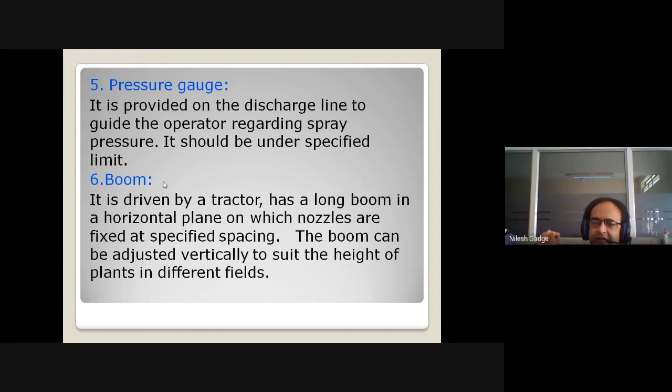On that lance, a number of nozzles are attached. The arrangement of the number of nozzles on that lance or rod is called a boom. It is driven by a tractor and has a long boom in a horizontal plane on which nozzles are fixed at specified spacing. The boom can be adjusted vertically to suit the height of the plants in different fields.